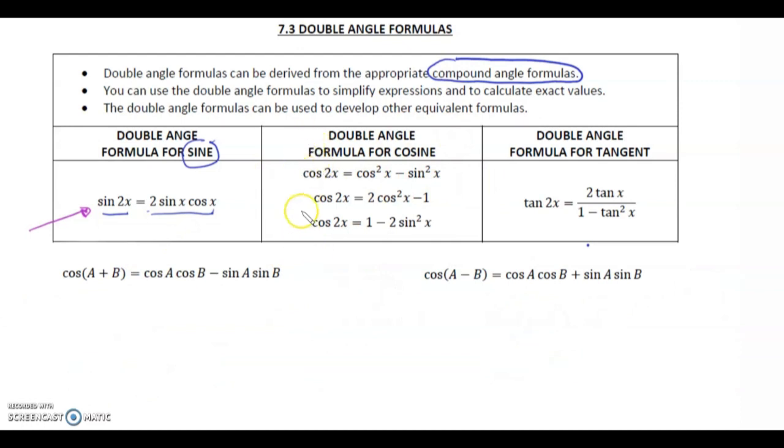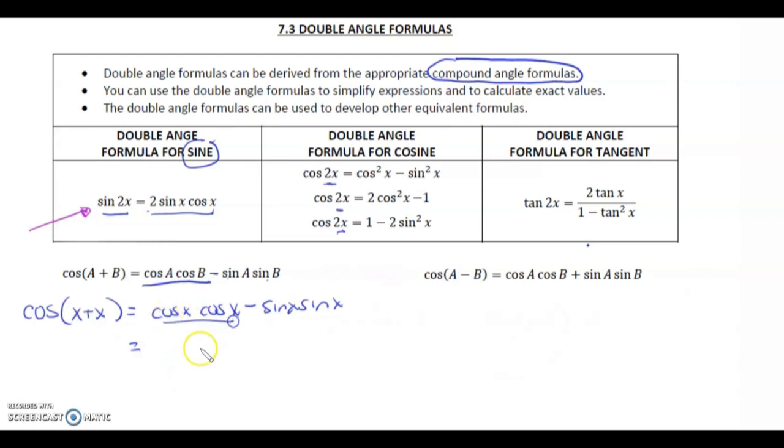Now let's take a look at cosine. For the cosine ones, again, we're dealing with cos 2x, so you're thinking cos x plus x. We have cos A cos B minus sine A sine B. In other words, cos x cos x minus sine x sine x.